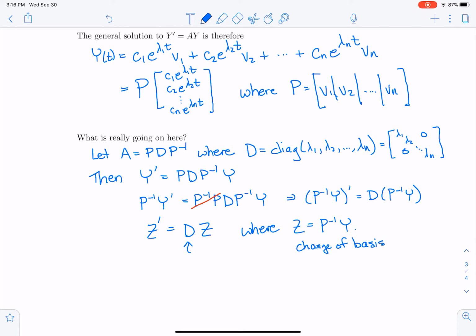So what we have here is that A is a simpler transformation on the basis of eigenvectors.